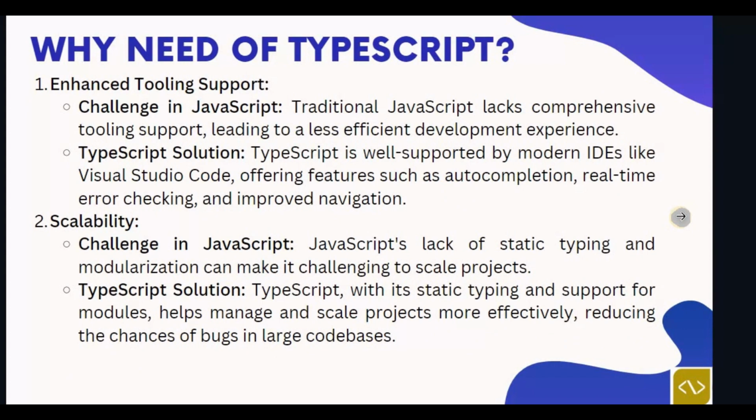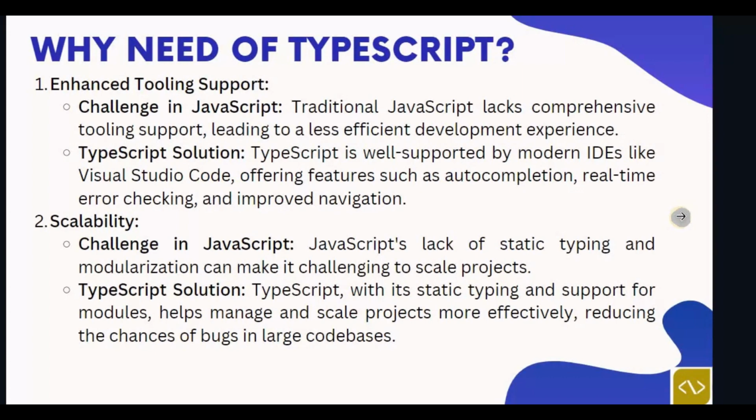Now, again is enhanced tooling support. The challenge in JavaScript was that traditionally JavaScript lacked comprehensive tooling support, leading to a less efficient development experience. But the solution is there in TypeScript. TypeScript is well supported by modern IDEs like Visual Studio Code, offering features such as auto completion, real-time error checking, and improved navigation.